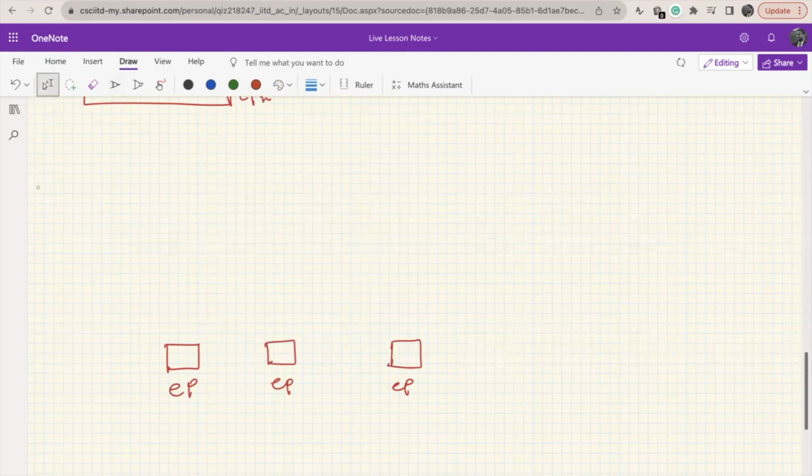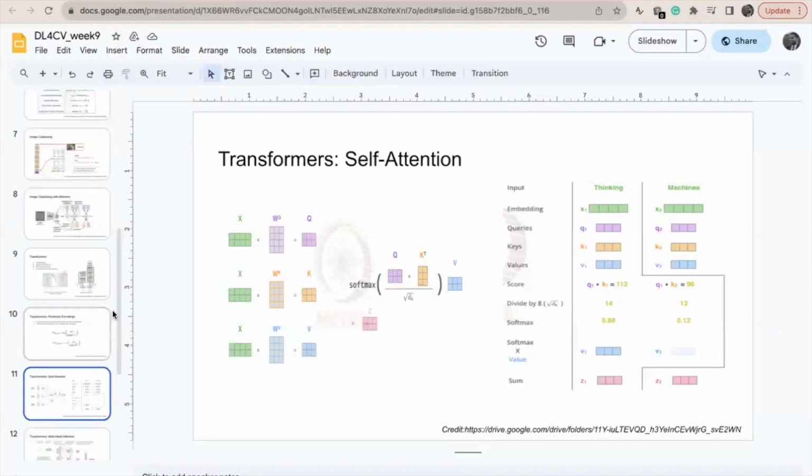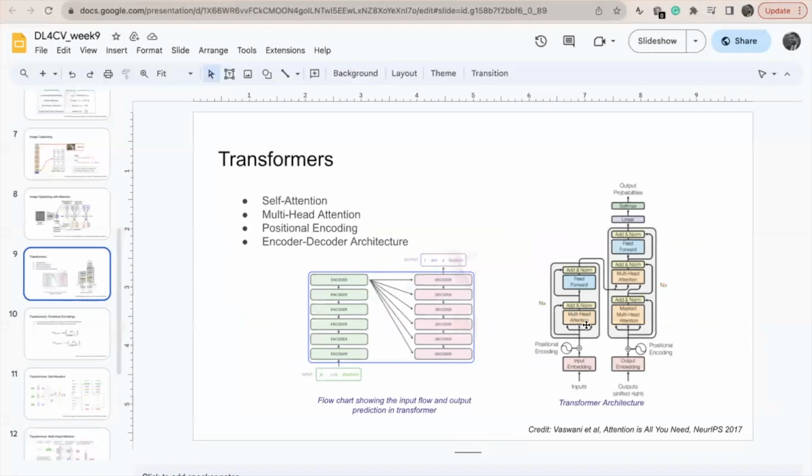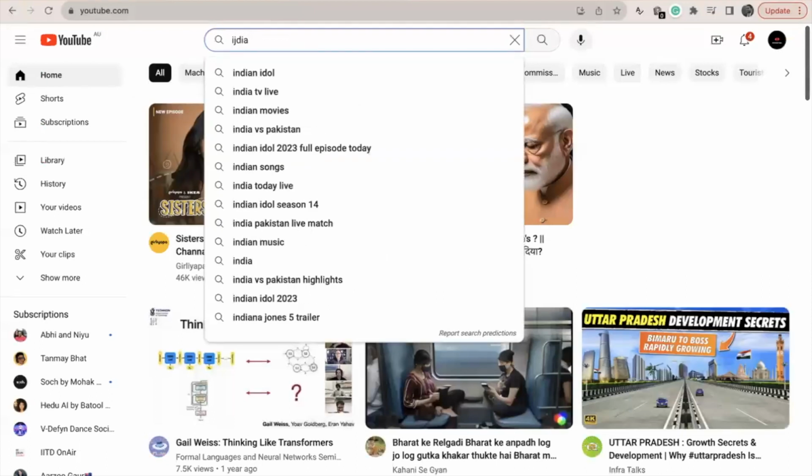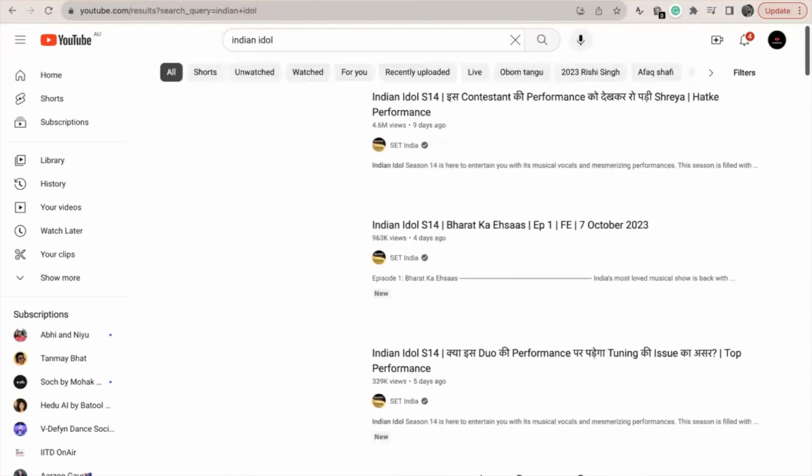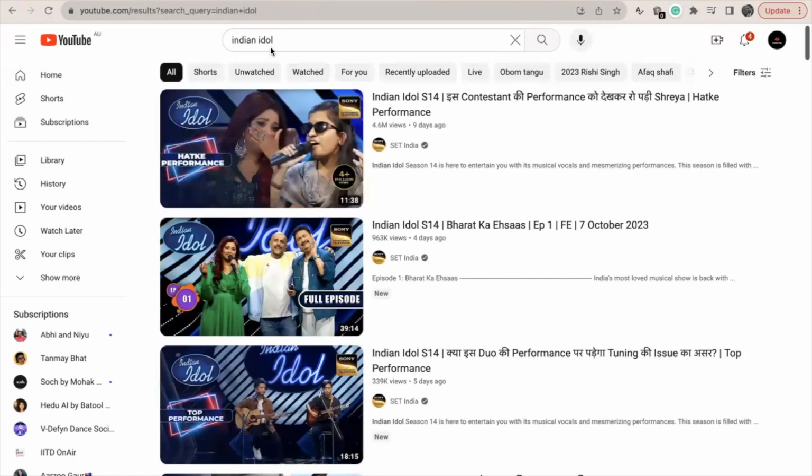Now we are discussing multi-head attention, and you can see there are 3 inputs to this multi-head attention block. So why 3 inputs? If I go to YouTube and type, let's say, Indian Idol, this information that I typed is the query.